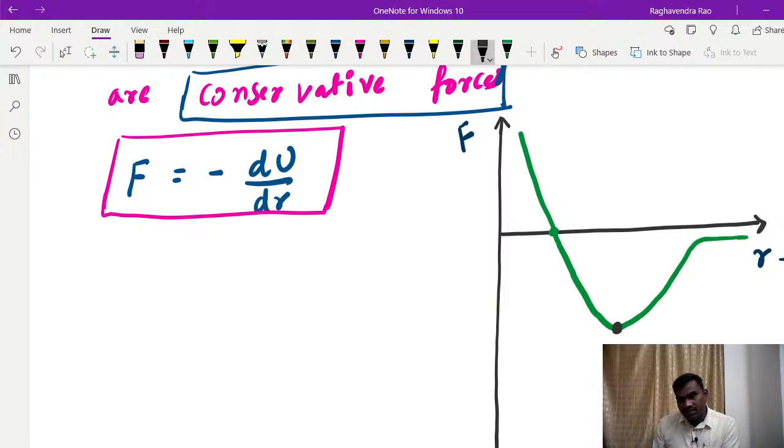So here this is the point where the attractive force is maximum.